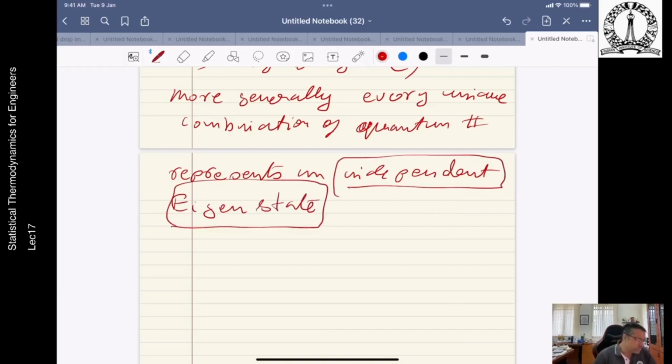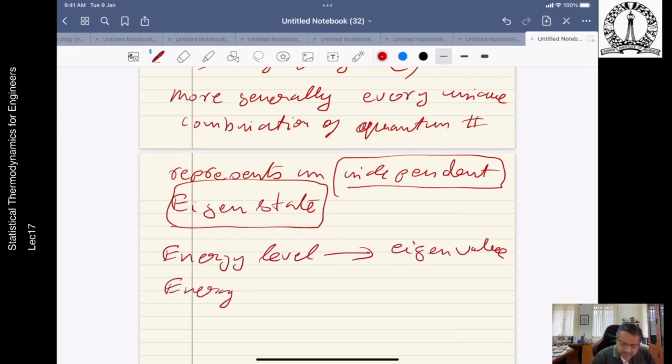Each unique combination, like 2, 1, 1 and 1, 2, 1, is one of these. From this perspective, we can say that an energy level is like an eigenvalue, whereas an energy state, which is like the microstate, is an eigenstate.